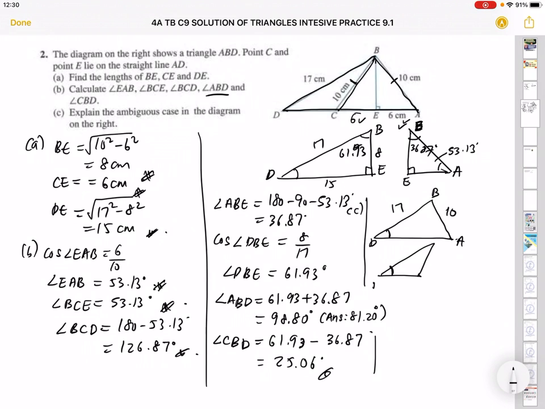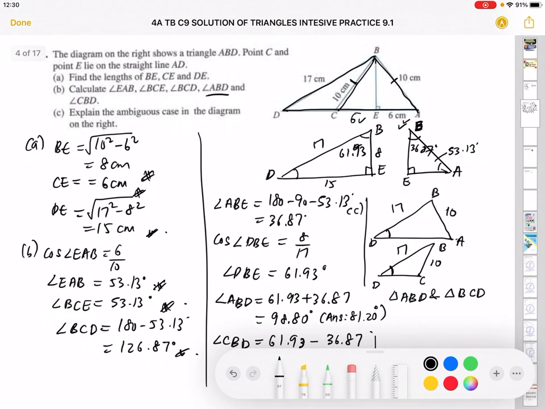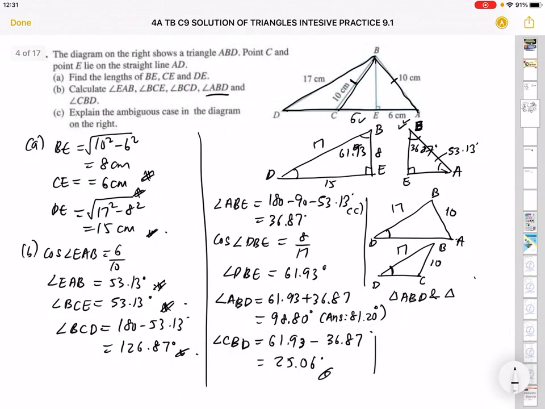This is still D, this is B, this is C, and this is still 17, this is still 10. So we can say triangle ABD and triangle CBD. Maybe I follow the same order, like ABD and CBD.